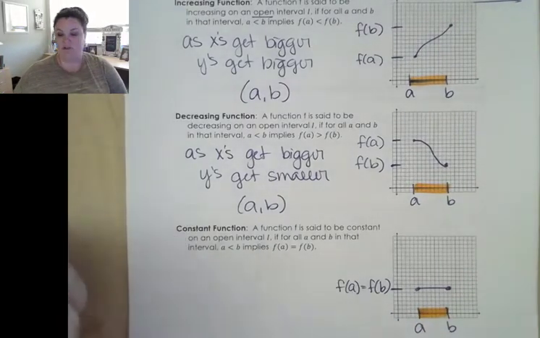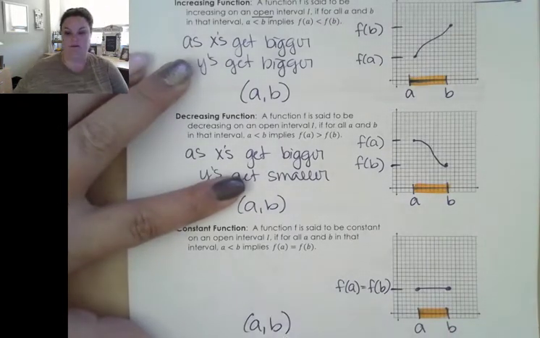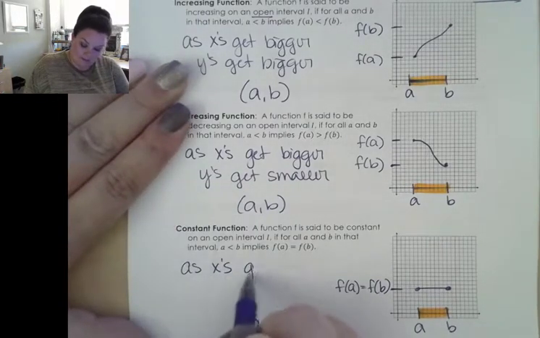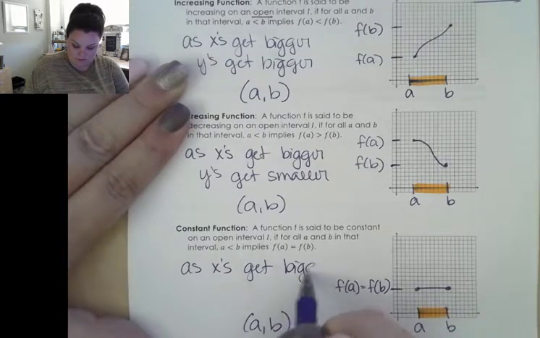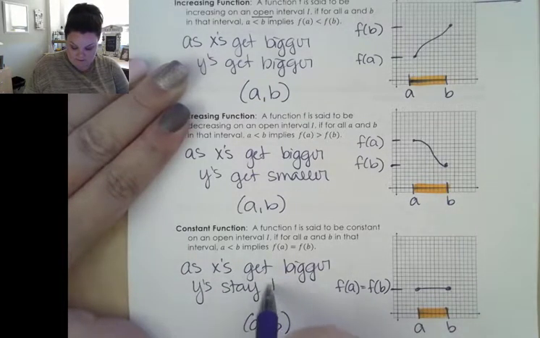So this function would be constant over the interval a, b. Or in other words, as our x's get bigger, our y's stay the same.